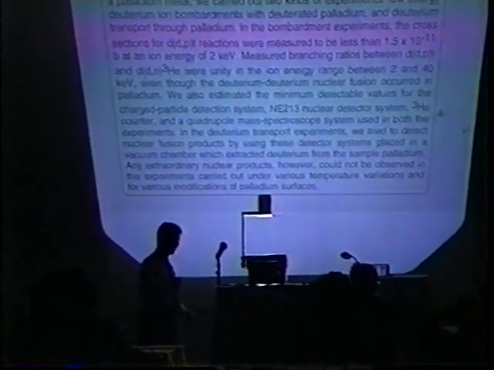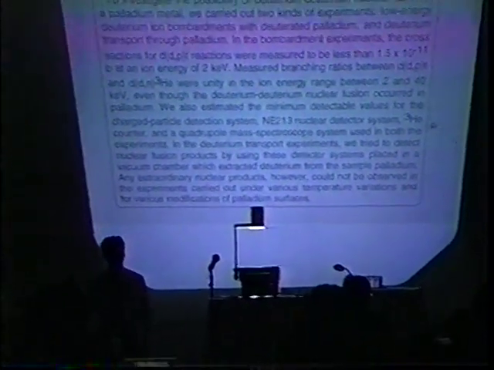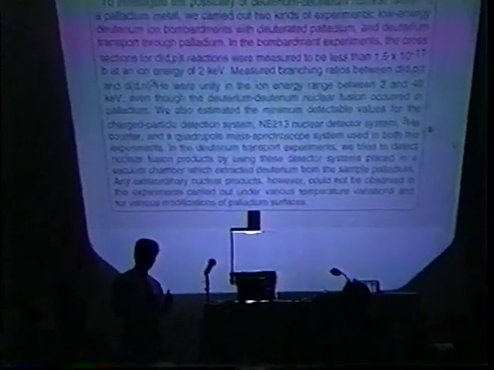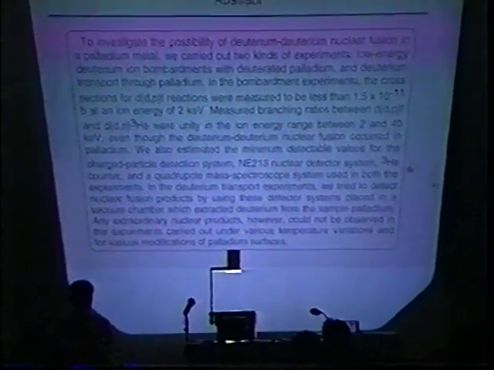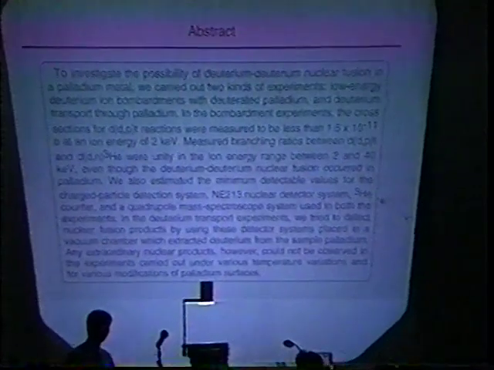In the transport experiment, we try to detect the nuclear product, such as proton, triton, helium-3, neutrons, and helium-4, in order to confirm the occurrence of nuclear fusion in palladium this time. However, we could not detect any nuclear product in the transport experiment.